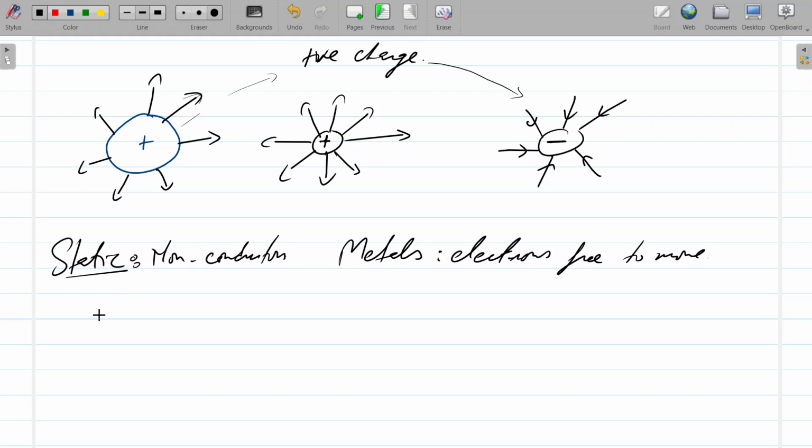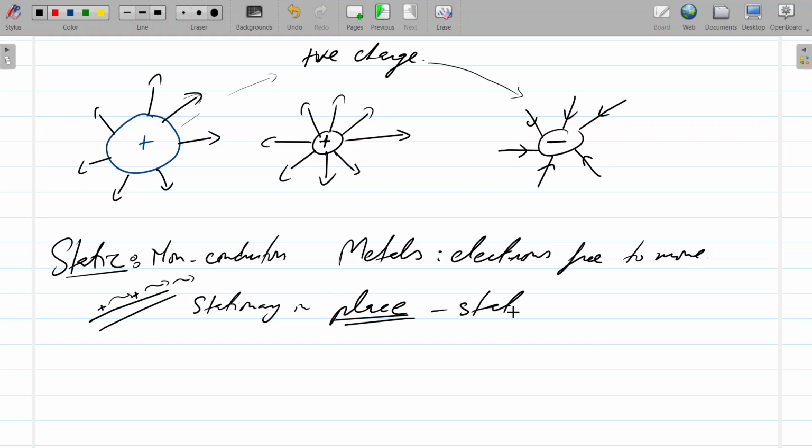So due to friction, when they lose electrons, they only lose electrons at a certain point. Because of that, it doesn't begin to flow. It doesn't move forward, and so it's stationary in place. Something that does not move, that stays in place, is called static.